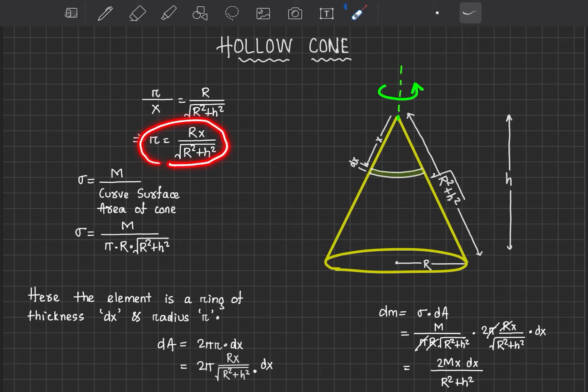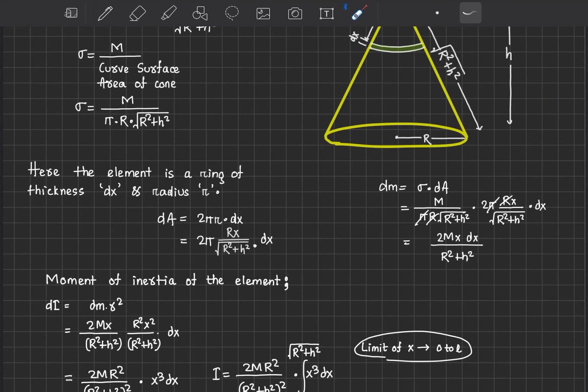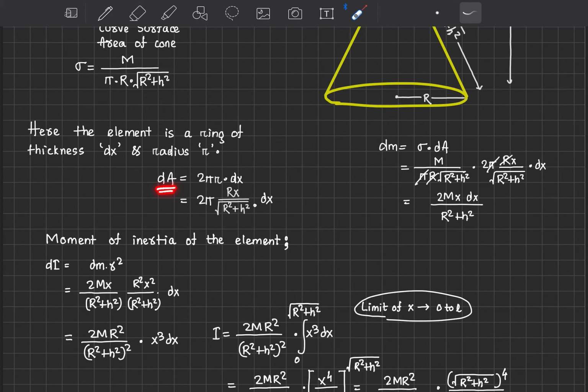Now we will be integrating the mass of the ring, the small ring element. The ring's radius is r and its thickness is dx. So the area of the ring can be written as dA equals 2 pi r, which is the perimeter, into thickness dx.